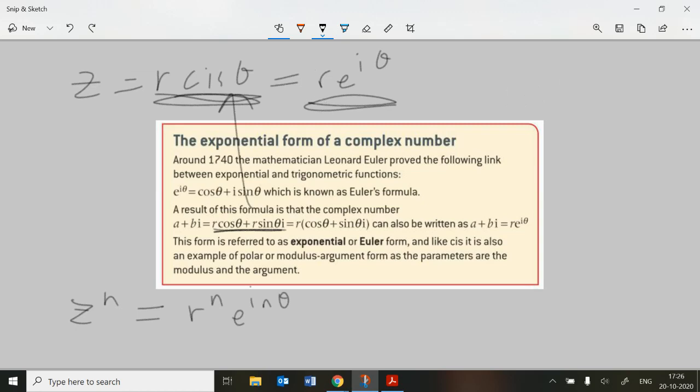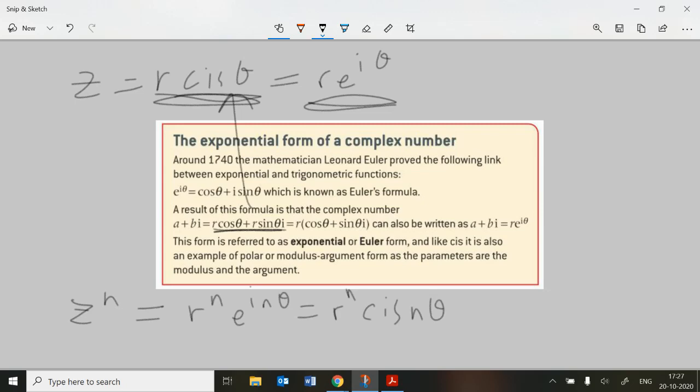So this can now be written as r^n, and this, of course, can be written in this format if we replace theta by n theta. So this is now r to the n cis n theta.